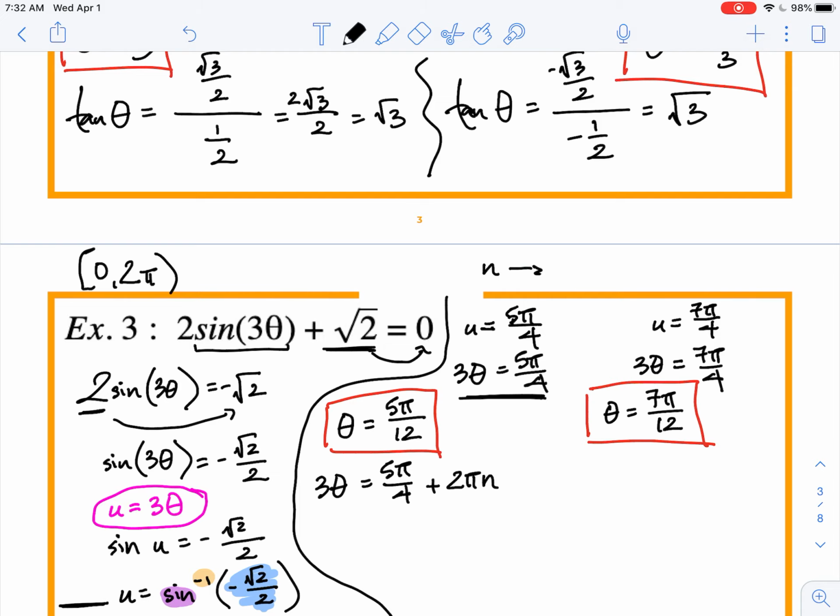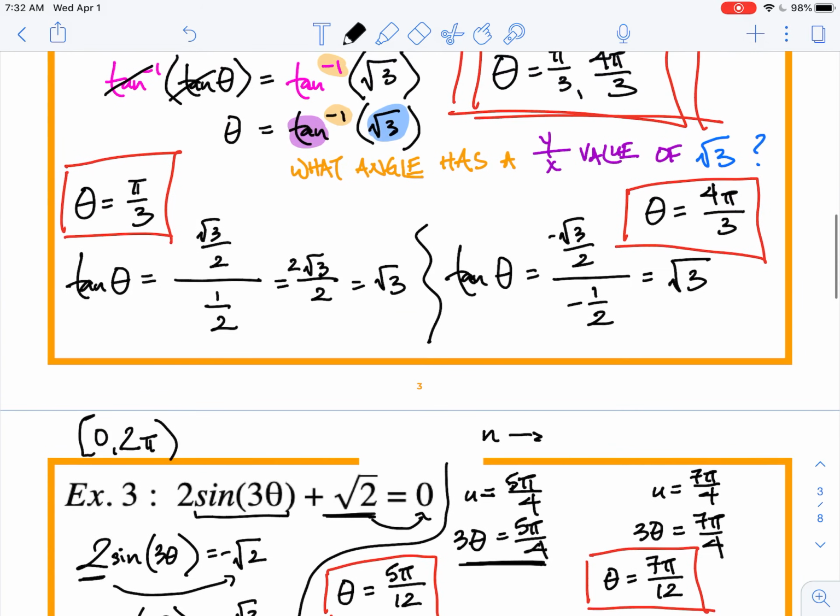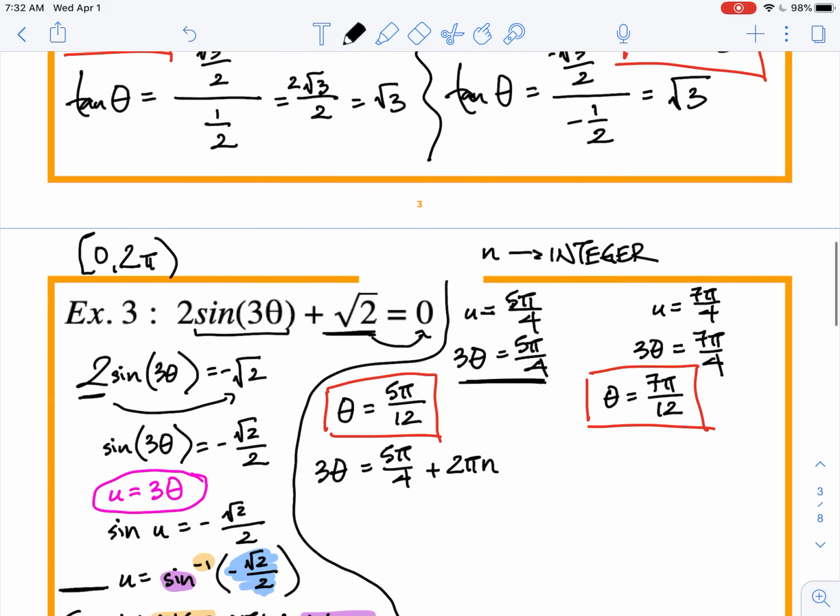Now this n is just an integer. So the n allows me to count as many times around the unit circle as I want to.